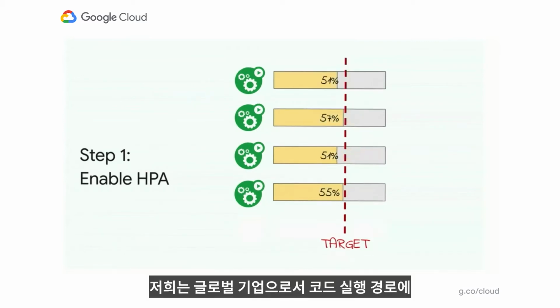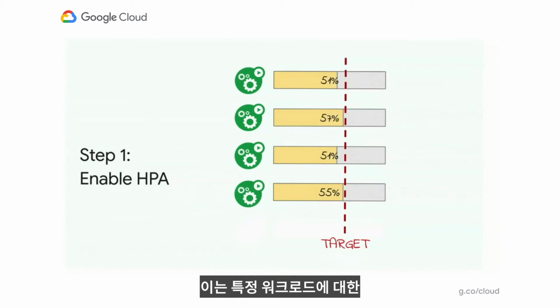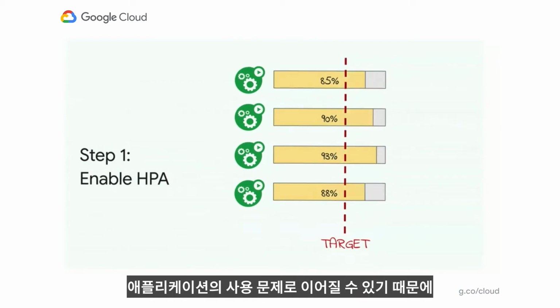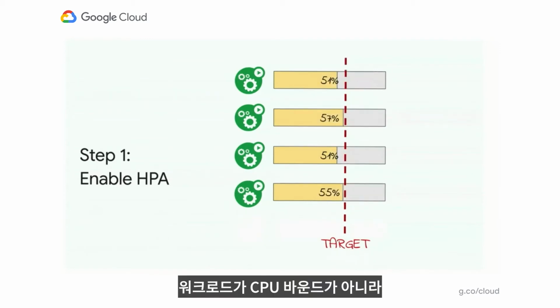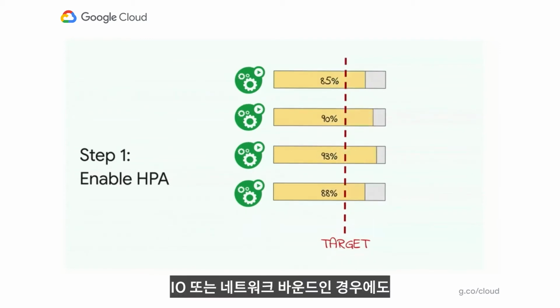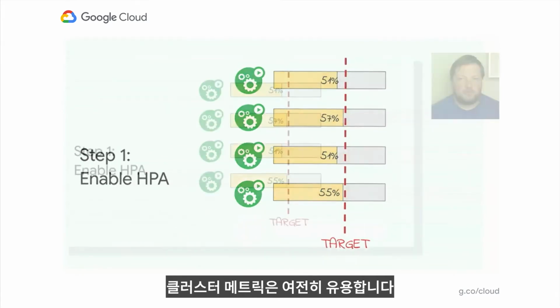As a global company, we also observed regional differences in the code execution path. This can significantly complicate application rating for particular workload volumes. Custom metrics are still useful if your workload is not CPU bound, but rather I/O or network bound.